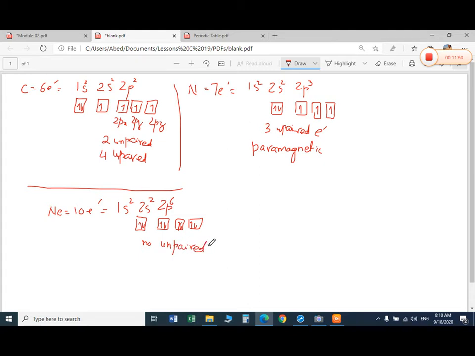If the electrons are unpaired, the atom will be paramagnetic. If there is no unpaired electron, then it will be diamagnetic.